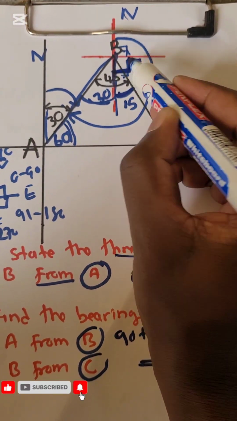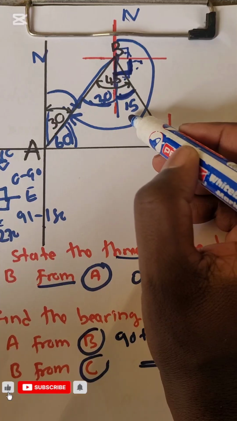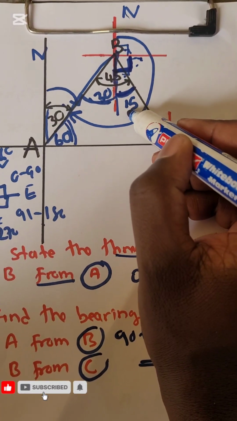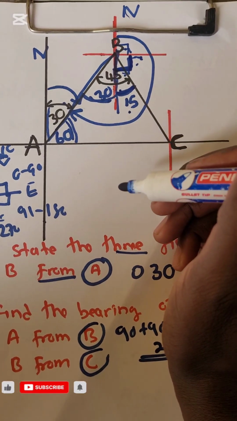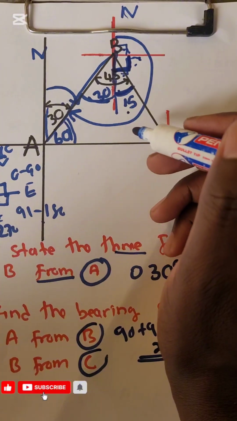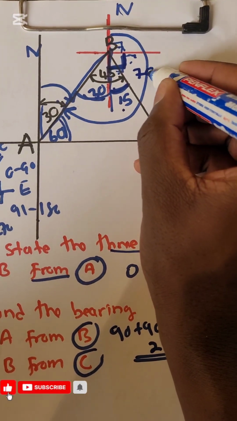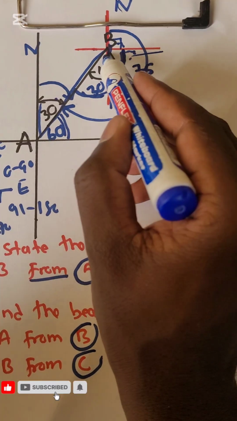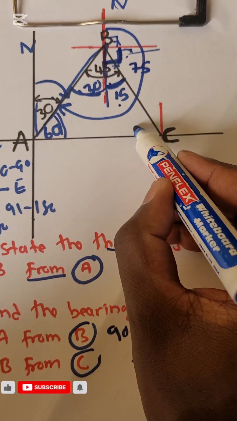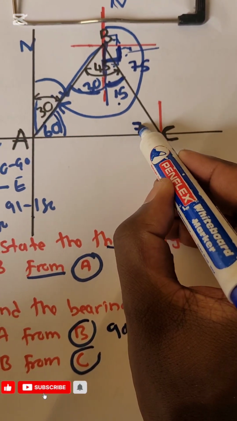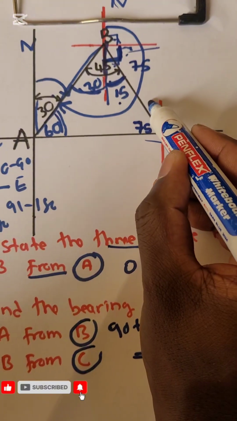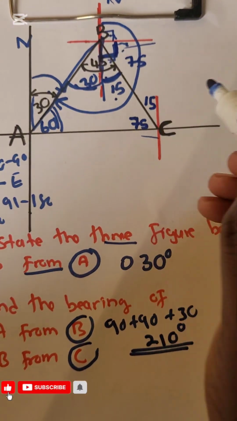So we're going to say 90 minus 15. 90 minus 15, we get 75. So we have another Z angle right here. So this part right here is 75 degrees and this one is 15 degrees.